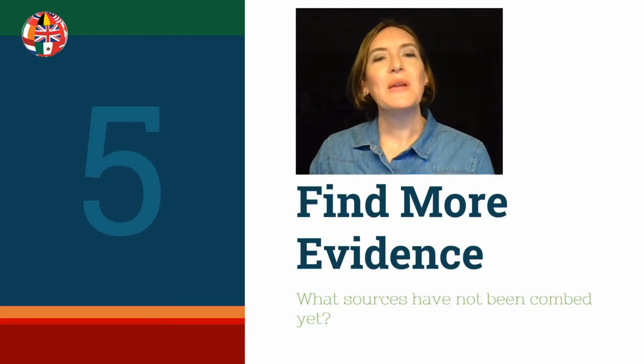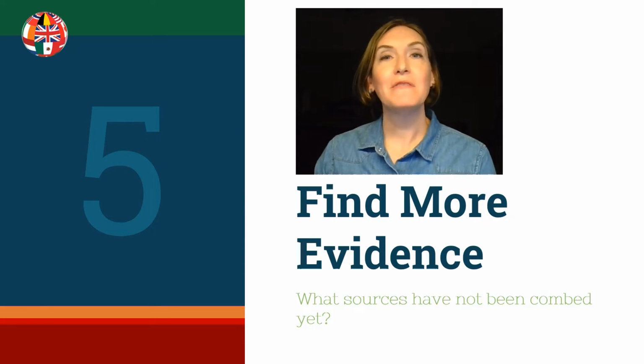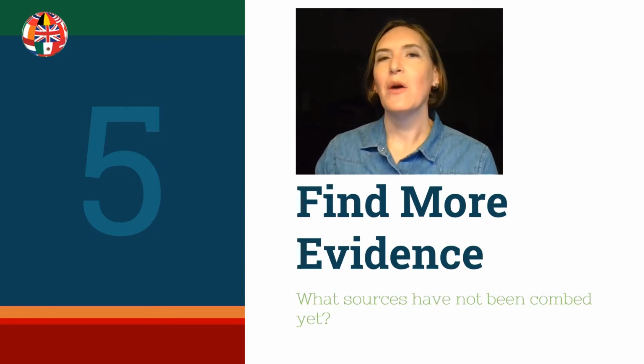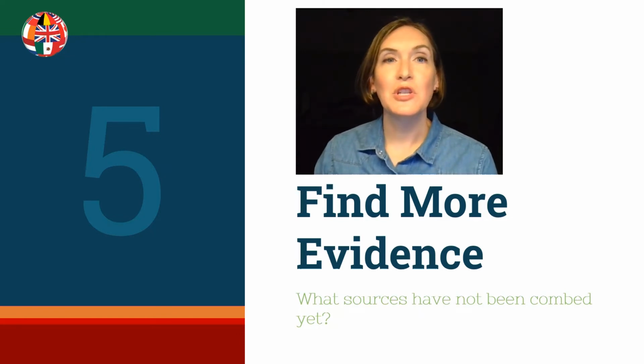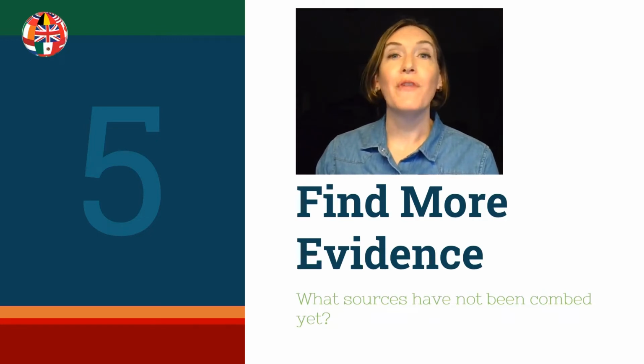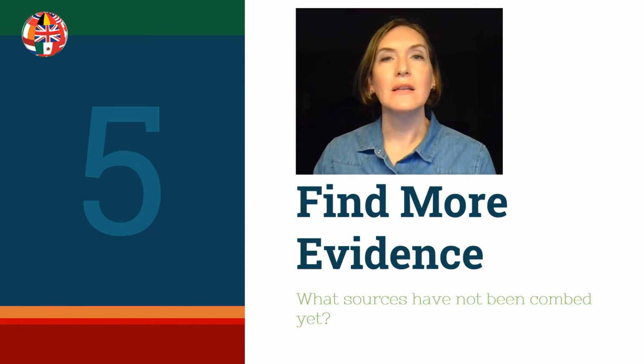So my next tip is that if you have conflicting evidence and you can't work it out with geography, you can't work it out with logic or any of the other strategies, you have checked your assumptions, you've rechecked all the records you have, you need to go find more evidence. What sources have not been combed yet that could help you resolve this problem?